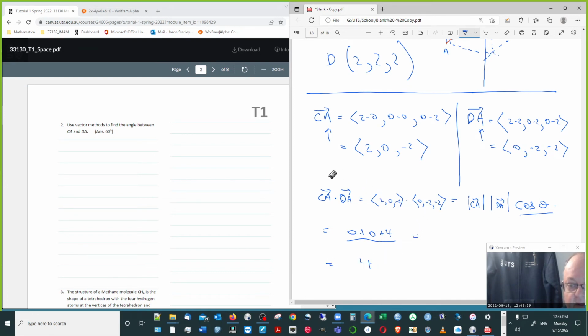Now to do the length, that tells us to do the length. So we've got 2 squared plus. Now anytime you're not happy with something, let me know. That's the magnitude.